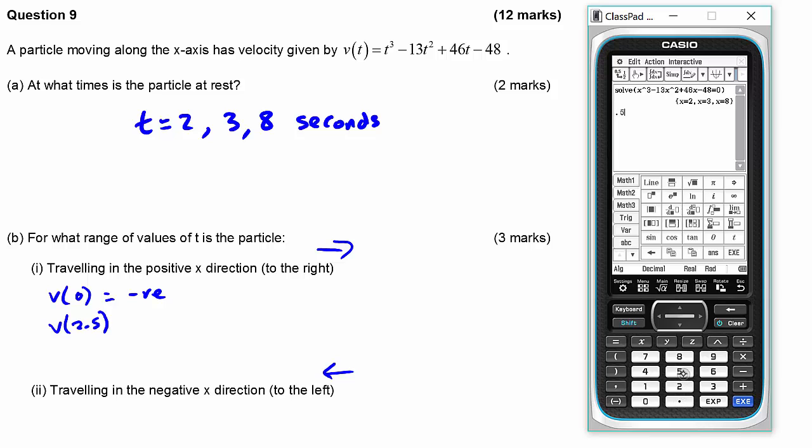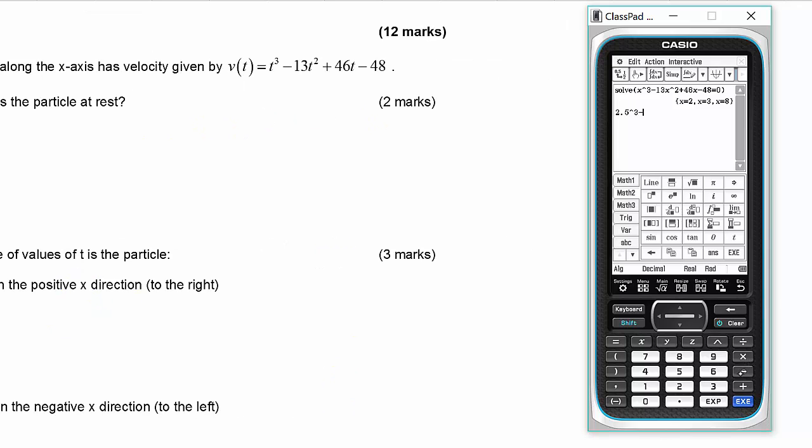So we've got 2.5 cubed, take away 13 multiplied by 2.5 squared, add 46 multiplied by 2.5, take away 48.